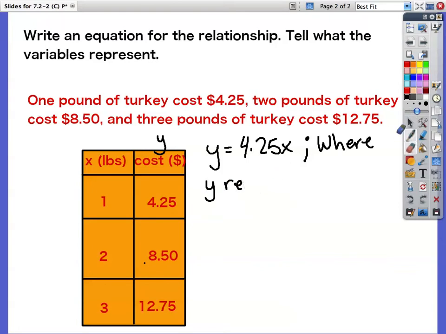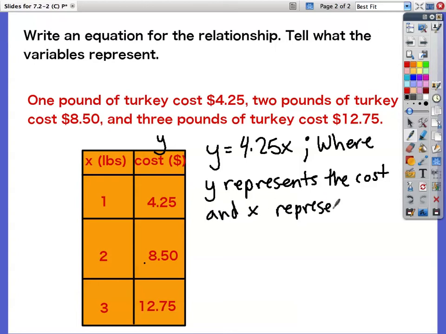And then you do the same thing for x. So where y represents, in this case we have to be really careful because we want to make sure we're accurate. Where y represents the cost and x represents the pounds of turkey.